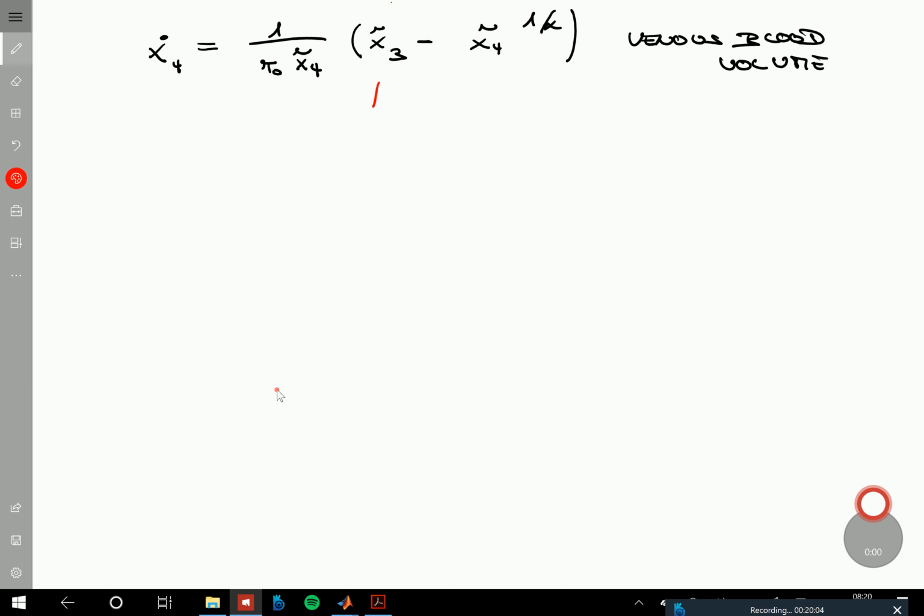So that was blood flow, and this is here interpreted, of course, as the blood inflow. So how much blood flows into the venous compartment, and here this is the blood volume as it decreases, so that's interpreted as the blood outflow.